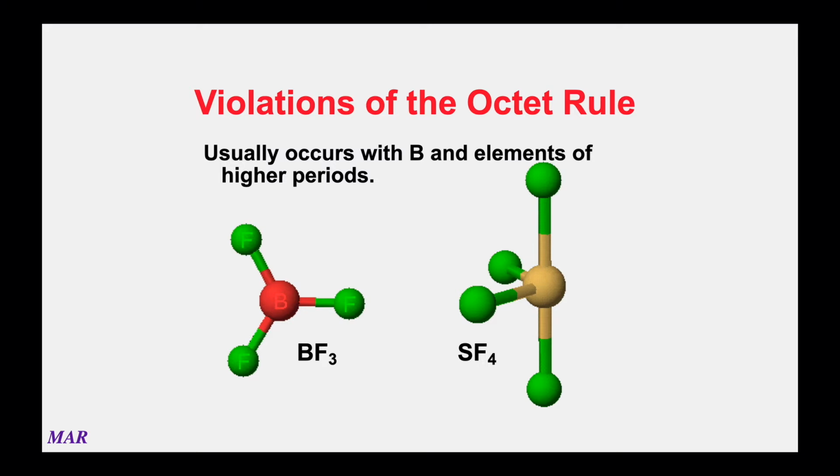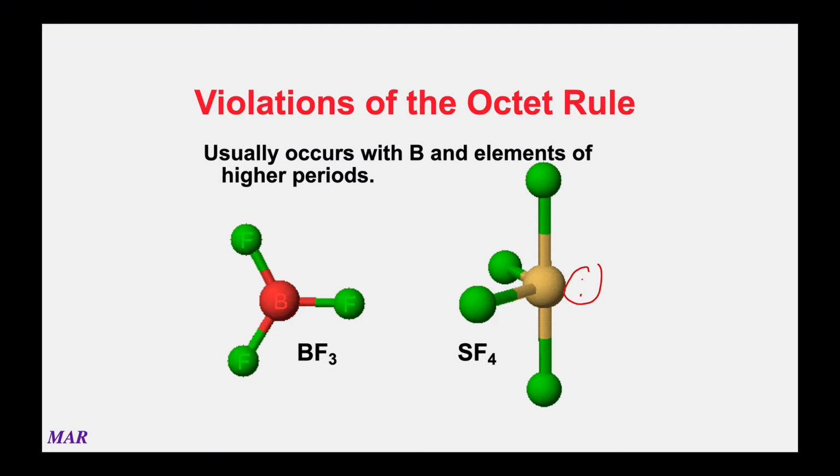So boron trifluoride, BF3 on the left, actually only has 3 pairs around it. So it's under the octet. On the other hand, SF4, sulfur tetrafluoride, there's an invisible lone pair right there. So sulfur tetrafluoride actually has 5 pairs around it. And we'll see how to analyze this here in a little bit.